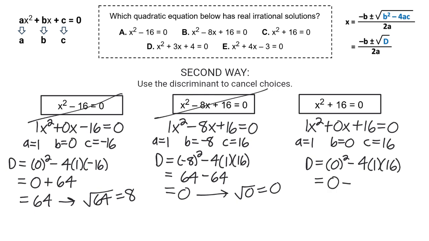That's going to give me 0 minus 64. That's negative 64. So inside the quadratic formula, you're going to end up with the square root of negative 64. We know that's going to be imaginary. It's not real. So we also know this is wrong. So let's go ahead and check out the last two answers.